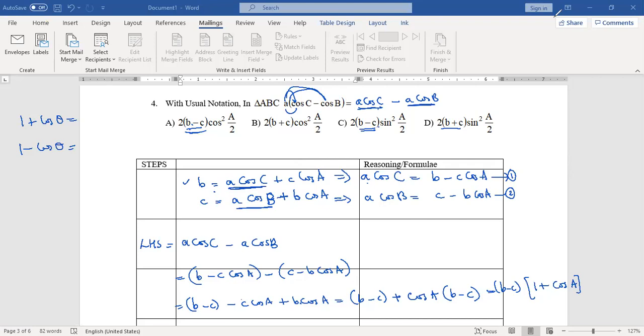Ikra, what is the formula for 1 plus cos theta? 2 cos square theta by 2. And the formula for 1 minus cos theta is 2 sin square theta by 2. So 1 plus cos A can be written as 2 cos square A by 2.